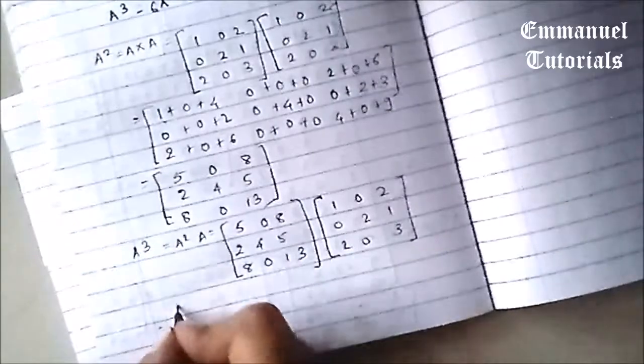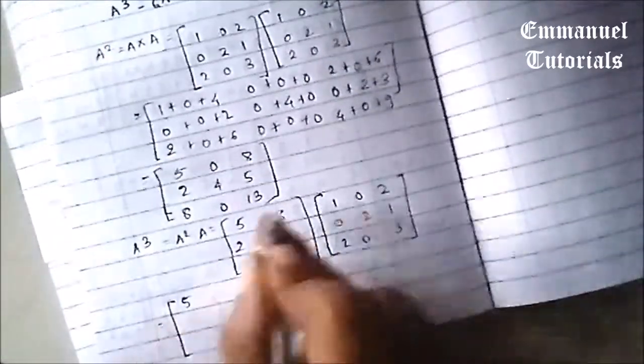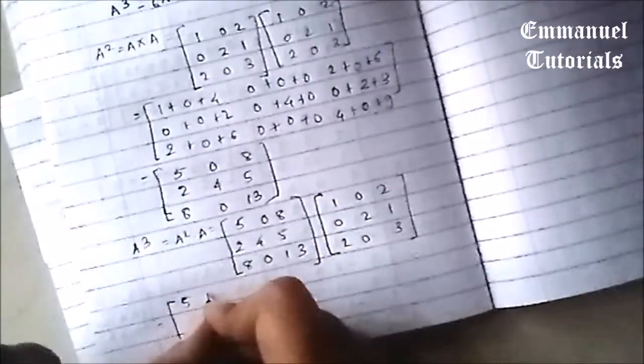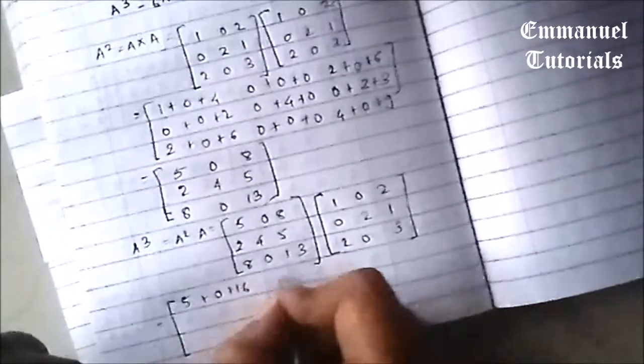This is equal to 5 into 1 is 5, first row into first column. 5 into 1 is 5, 0 into 0 is 0, plus 8 into 2 is 16.